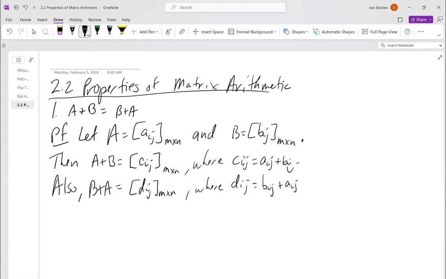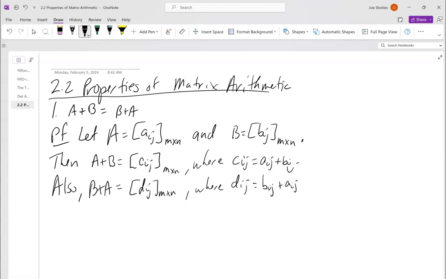Now again, for our purposes, every entry of our matrix is going to be a real number. Perhaps later on this semester, we'll use complex numbers every once in a while. We won't do that much. In particular, though, we're using numbers that we can add in either order. All right, so our a sub ij and b sub ij are here just regular old real number arithmetic, or regular old complex number arithmetic.